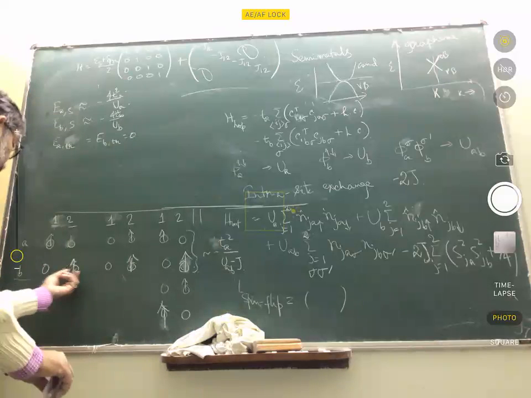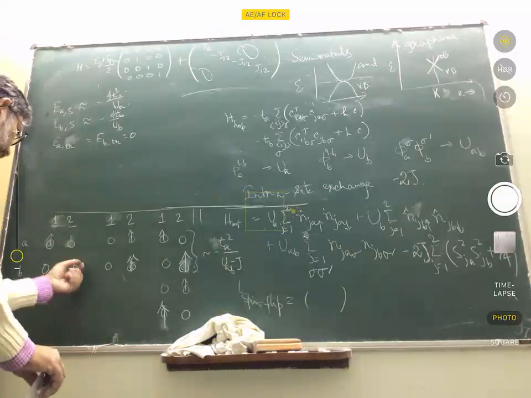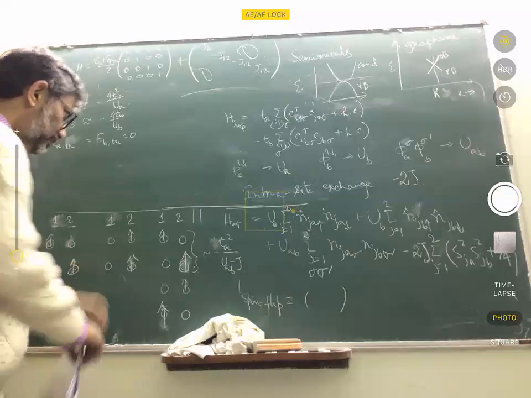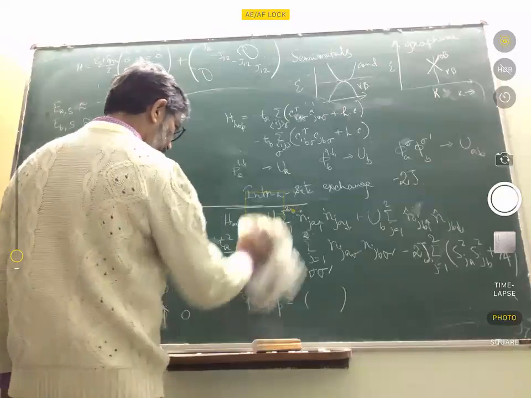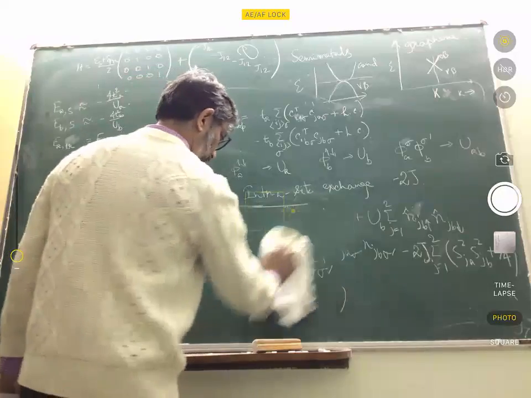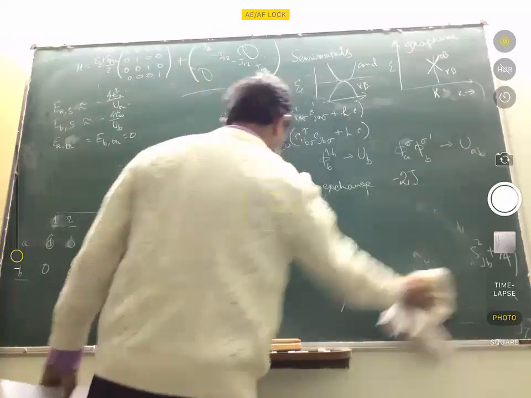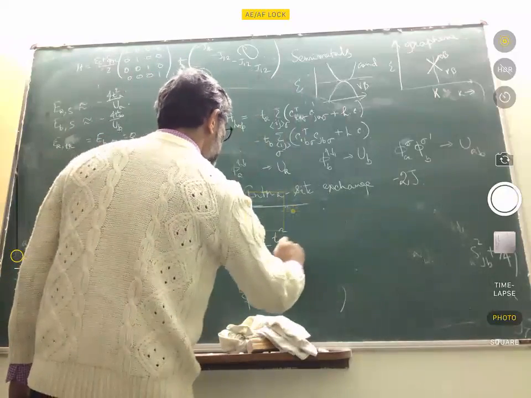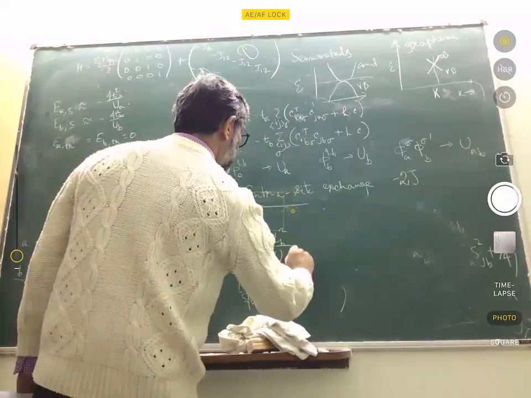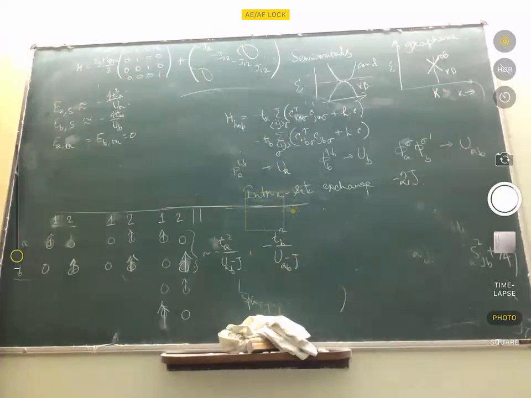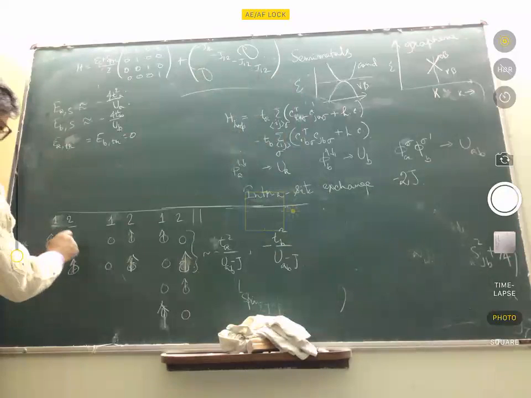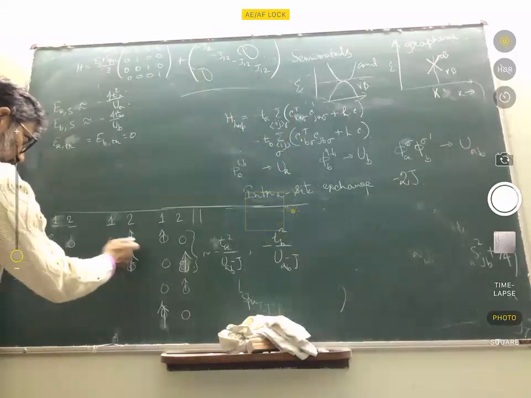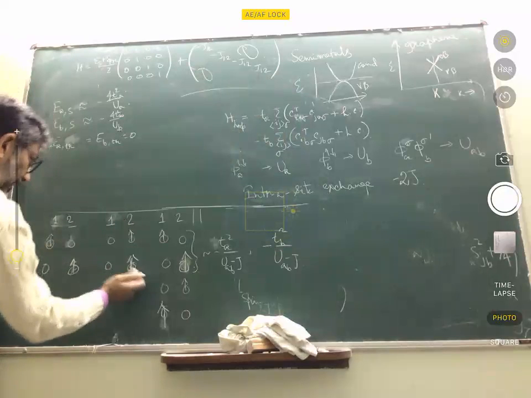Similarly, I could have the B hopping. So this could come here and get back here. So by that, I will get minus TB squared over UAB minus J. But then I can have this going here and this getting back. So this involves a TA hopping and a TB hopping.